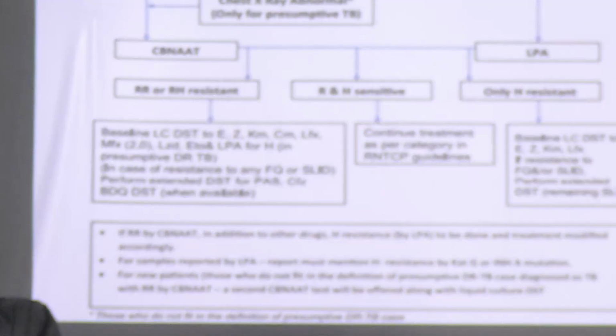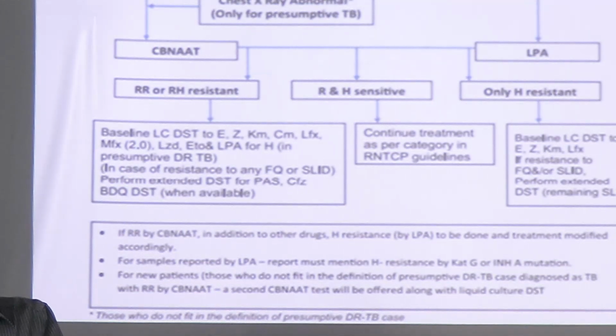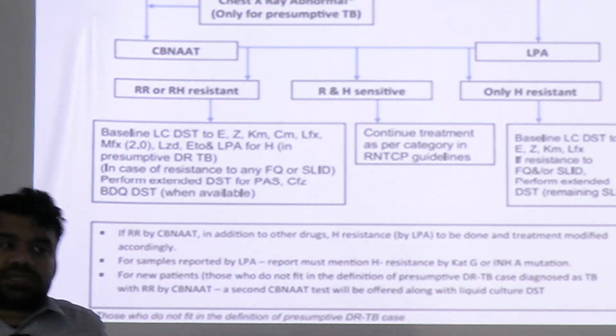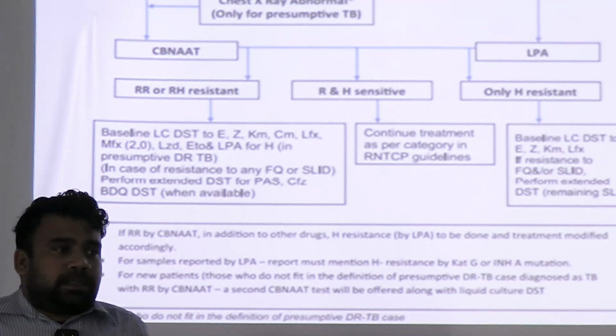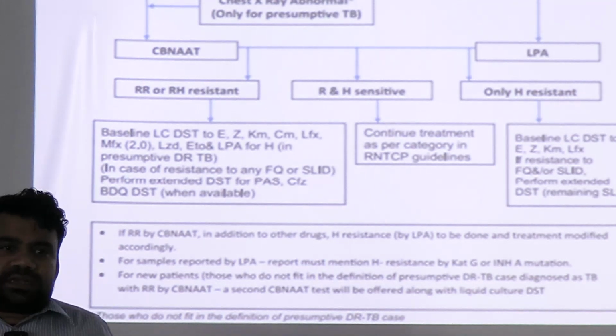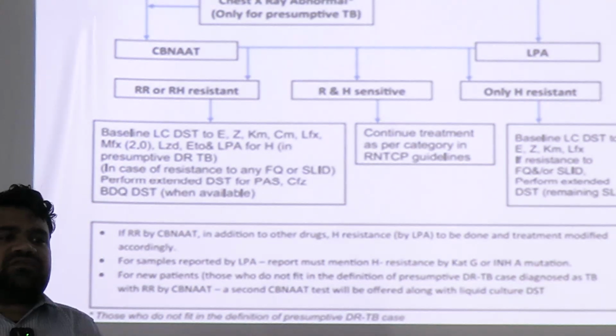Those genes are responsible for resistance to both first line and second line drugs. But this line probe assay can be easily done on direct smear. Have you understood? Normally we do susceptibility testing after culture. But suppose a patient is suspected of having drug resistant tuberculosis, you can do the CBNAAT testing, but it won't tell you anything further.